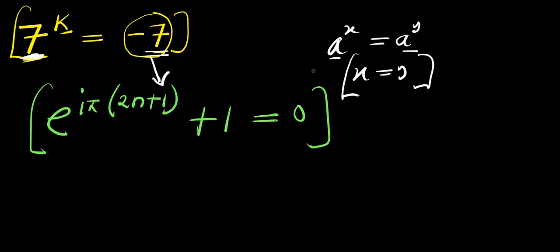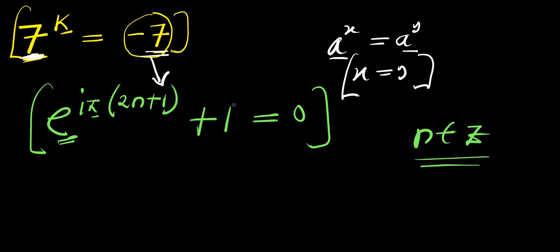This i here is iota, a symbol in mathematics, and the pi here is also a constant. Then you have times 2n plus 1, where n is an integer, then plus 1 equals 0.